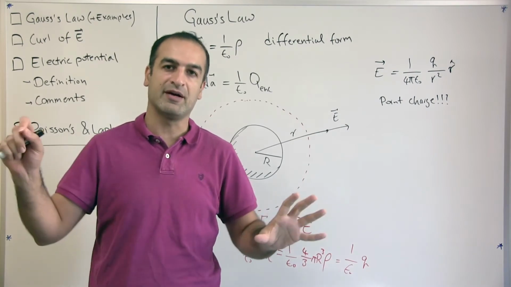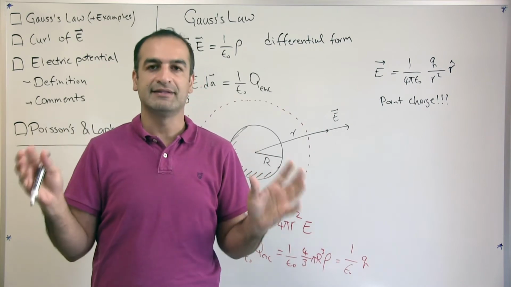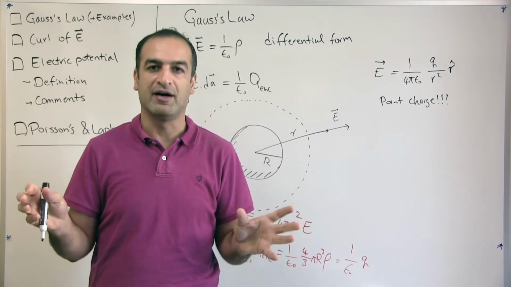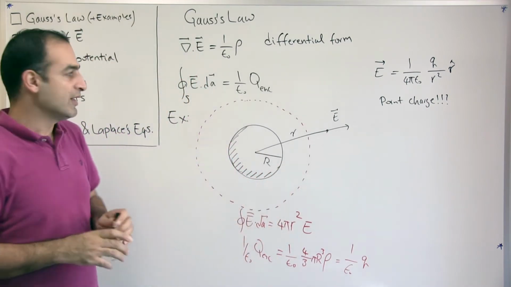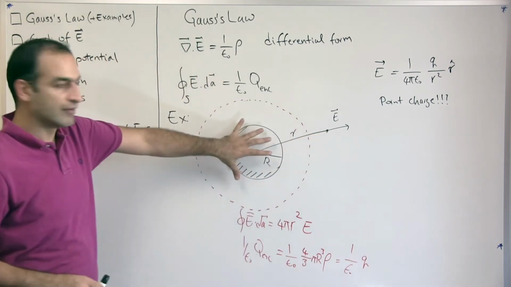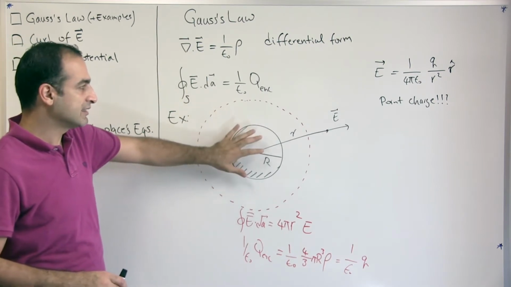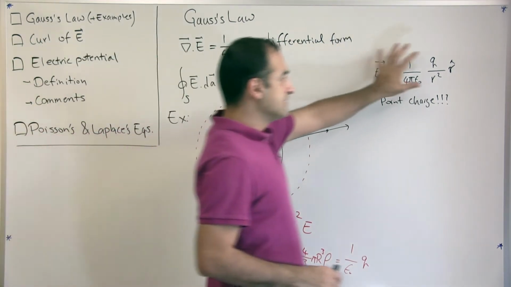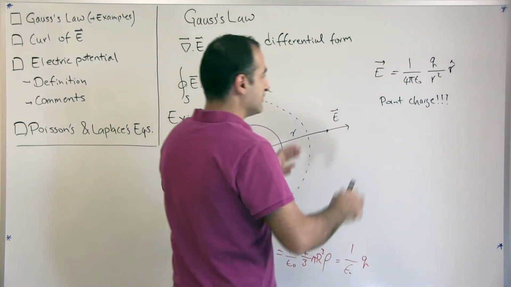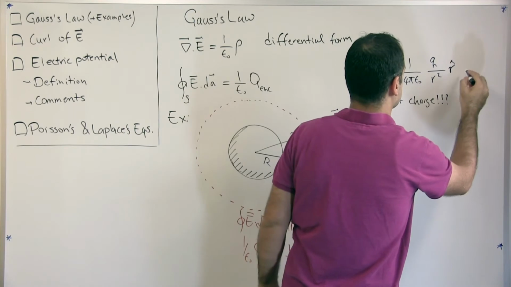If you are away from the sphere, you get exactly the same field as you would from a point charge. In a way, you don't even care how big or small it is. As long as it creates an electric field, the field is similar to that of the point charge. So this is correct for the electric field if we are outside this sphere.